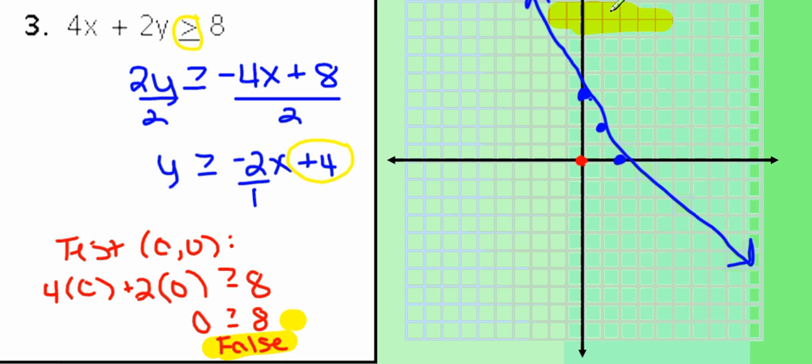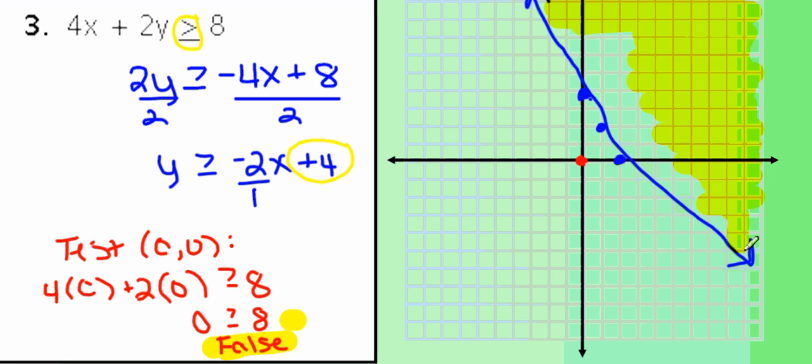Since it was false, 0, 0 is not part of our solution region, which means we cannot shade that point in. So I'm going to shade everything on the right side of my blue boundary line. Any ordered pair that I pick in this yellow region or on my blue line, I would be able to plug into my original equation and get a true statement.